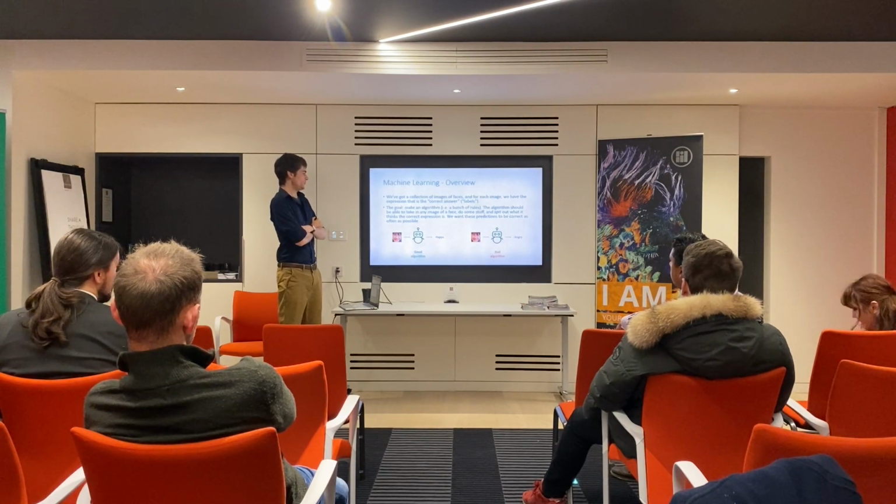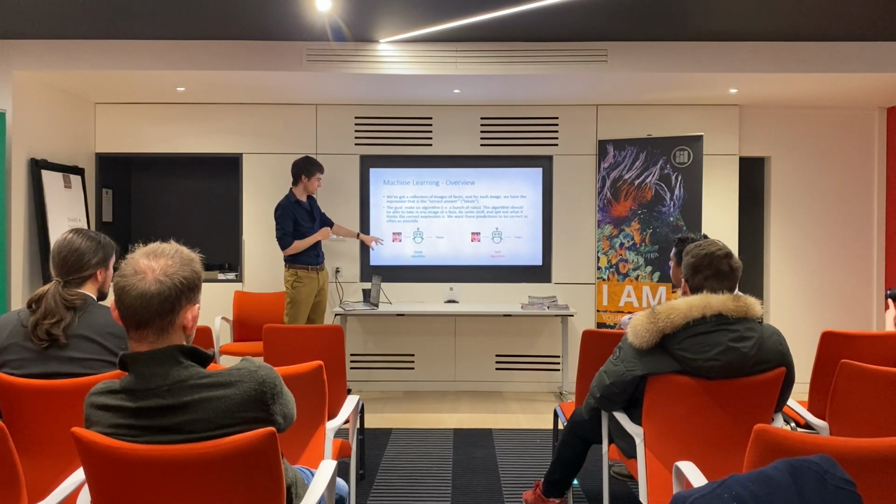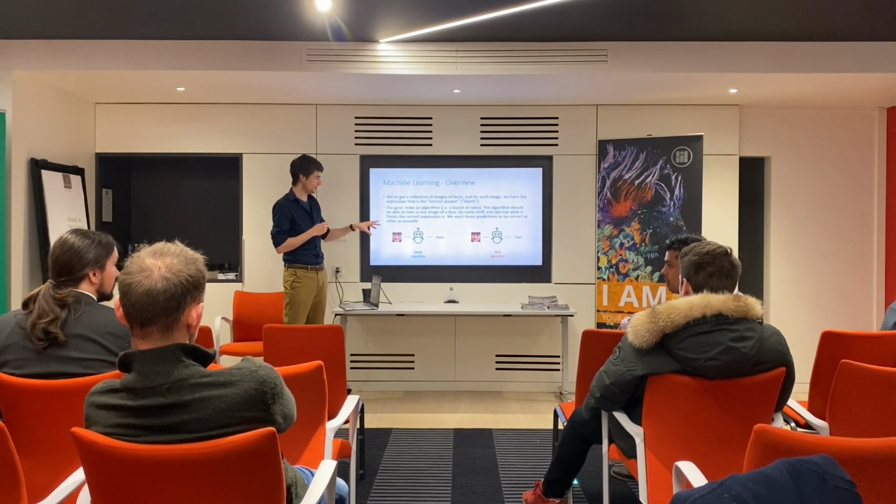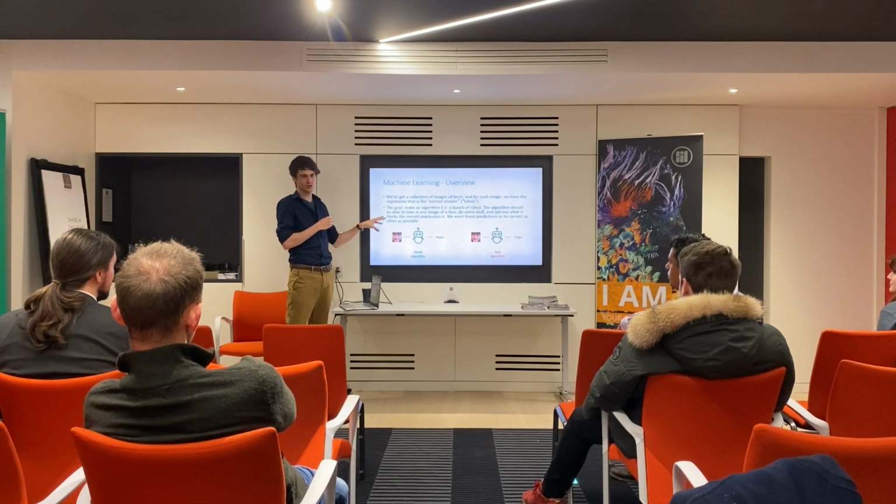Okay. So we're going to use machine learning. Here's an overview of what that means. We've got all these faces, and then we've got the correct label for each face. And the goal is we want to make an algorithm. Anyone here not know what an algorithm is? At least roughly, yeah.